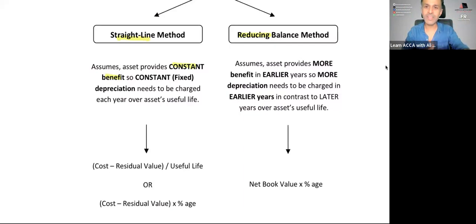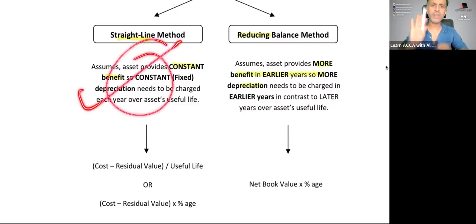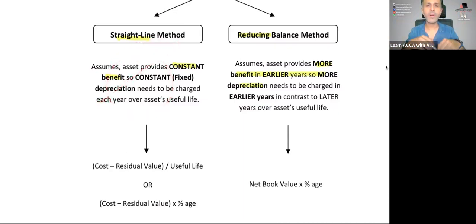So the name of the method is reducing balance, that every next year you step in, there's going to be a reduction in that depreciation charge. Both of them are testable and both of them are applicable, depending upon the nature of the asset. For example, a building is a kind of asset on which the straight-line assumption totally works, because a building is not like a machine.